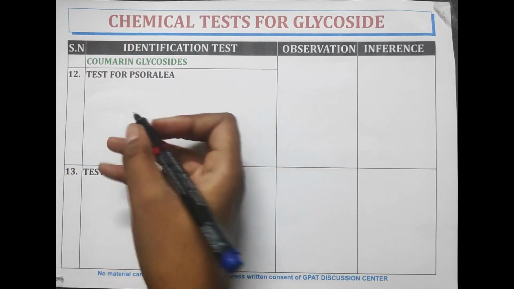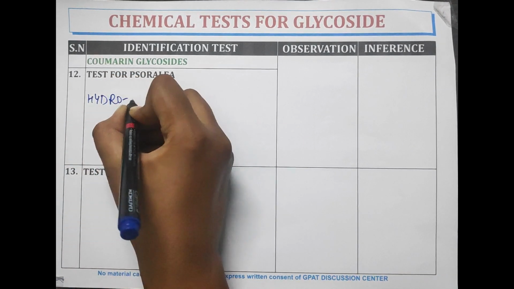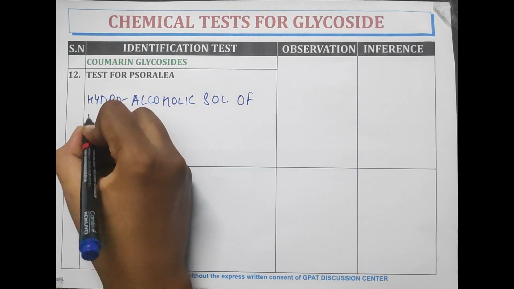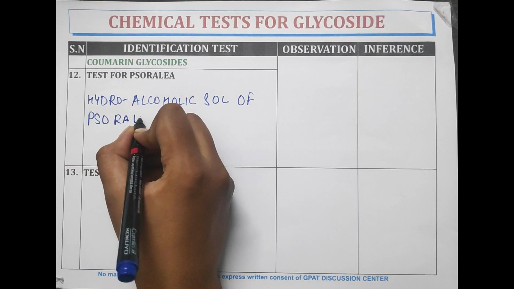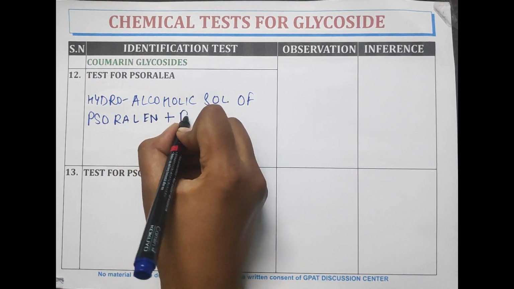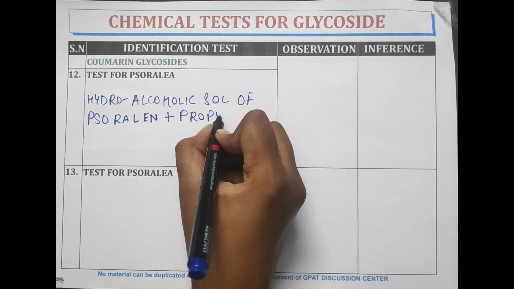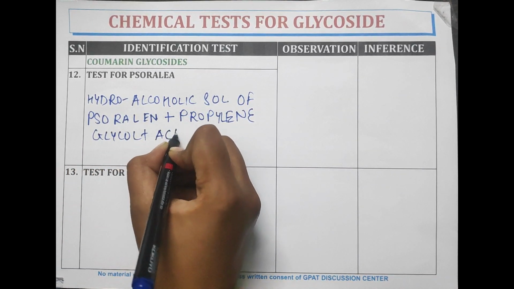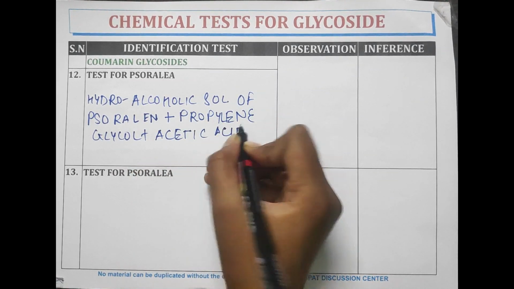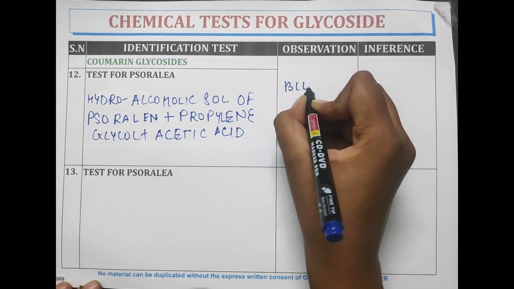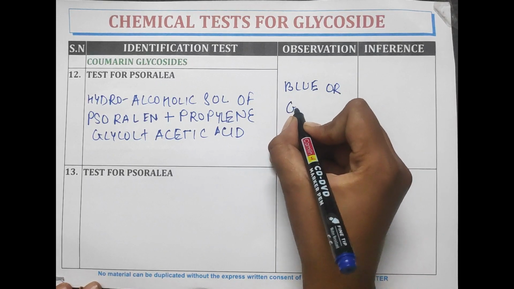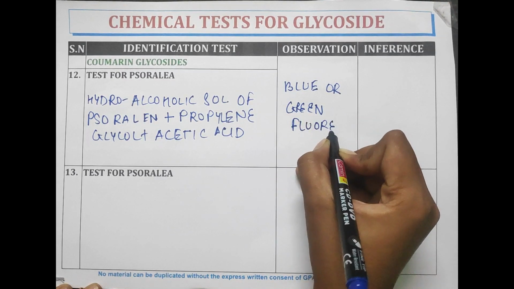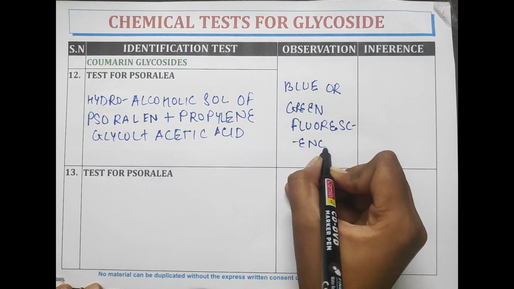In this test, hydroalcoholic solution of Sullerin is mixed with propylene glycol or acetic acid, and a blue or green fluorescence is seen.